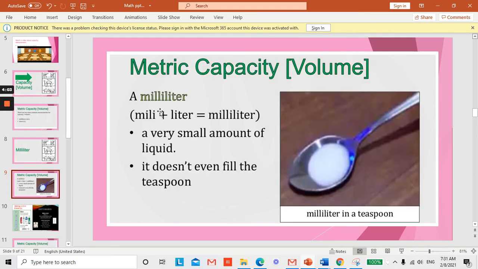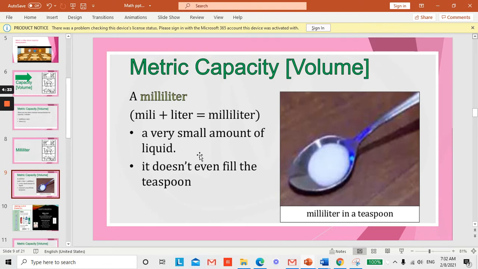Here we are going to look at milliliter. A milliliter is milli plus liter. It is a very small amount of liquid. We use milliliters to measure small amounts of liquid.